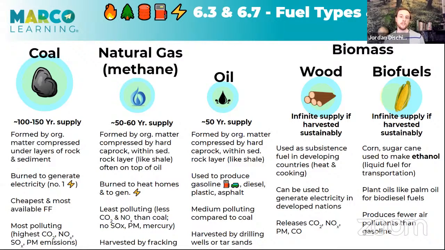Oil does go into most plastic products as well as asphalt. So the bitumen, which is essentially tar that we use on our roads. So oil is used in a lot of products, not just for energy. It's medium polluting compared to coal. It releases all of the pollutants coal does, but in lower amounts. And then it's harvested by drilling wells into the ground and just pumping the oil out, or by tar sands. And we'll get into that shortly.